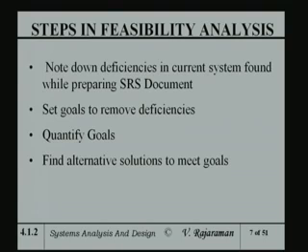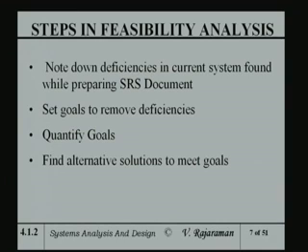We said that the steps in the feasibility analysis are to note down the deficiencies in the current system found while preparing the SRS document. While preparing the SRS document, you will find out the deficiencies in this existing system, and you have to set goals to remove these deficiencies, and these goals had to be quantified.